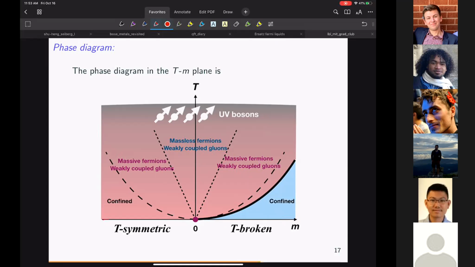As I said, when the mass is very large and negative, we just get something very boring. It's just pure gauge fields, and they confine, and nothing is interesting. Whereas when the mass is very large and positive, we have this spontaneous symmetry breaking, right?